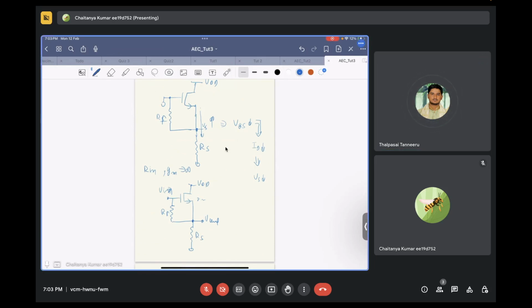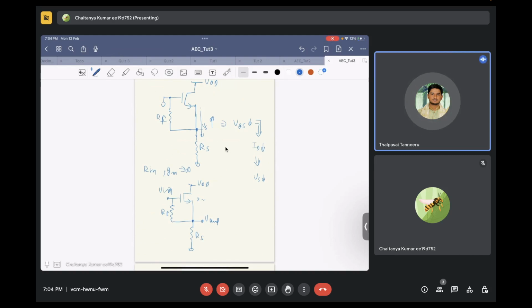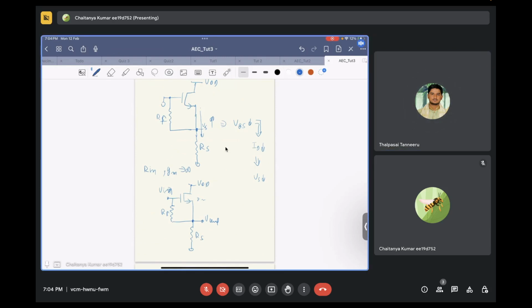Why V out? Because if it is increasing, the gate to source voltage is getting reduced, and based on that the drain current changes. So basically, what controls the current in the transistor? VGS is V in minus V out, right?